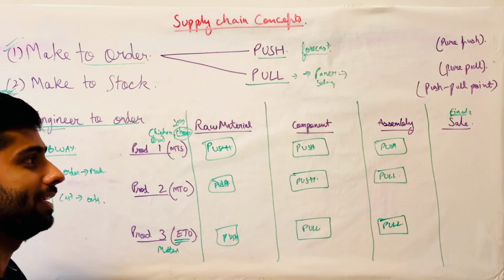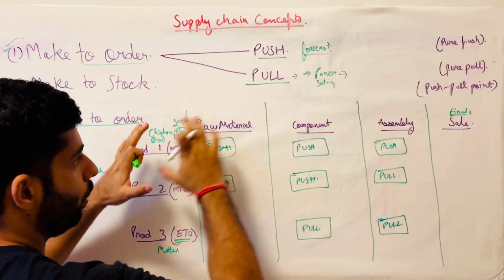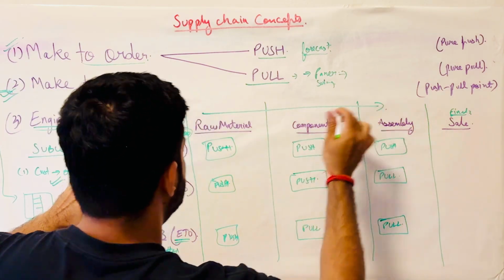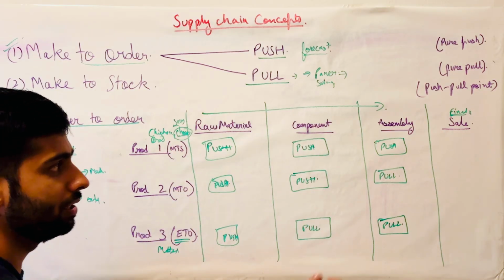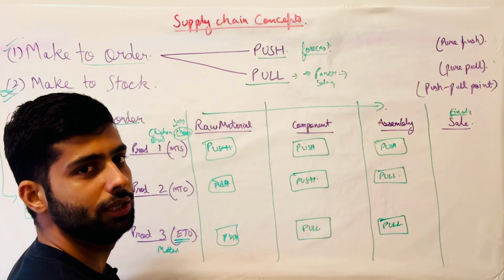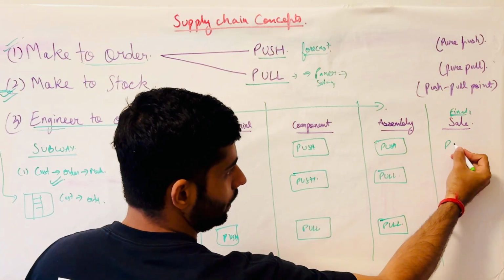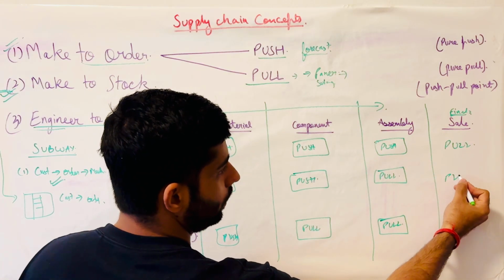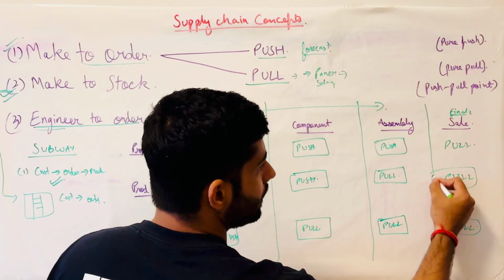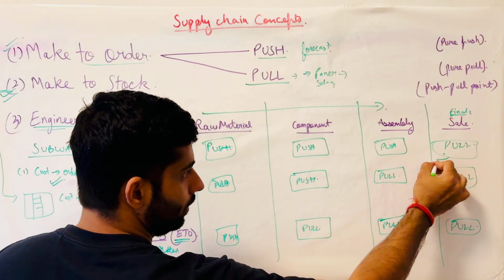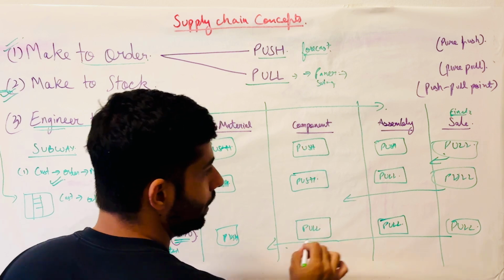Now things change when we come to the final sale, which means that all of this until here was in the control of this Subway outlet, but here the final sale can only be made when a customer orders. So this one will be a pull, the other one will be a pull, and the last one will be a pull as well, which means unless a demand is created, everything will be pull.